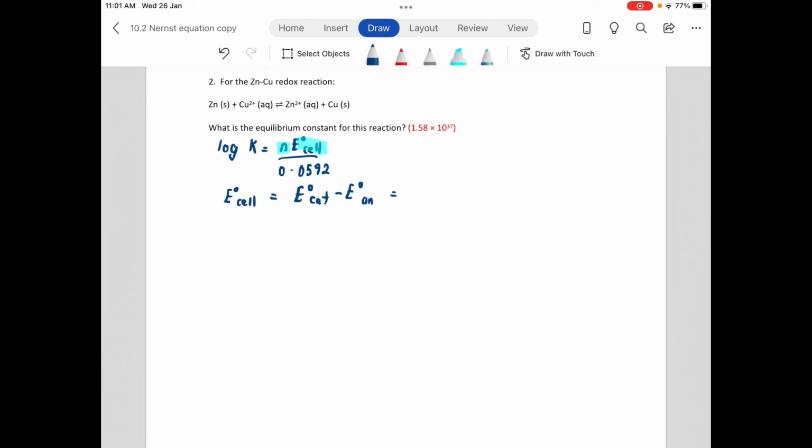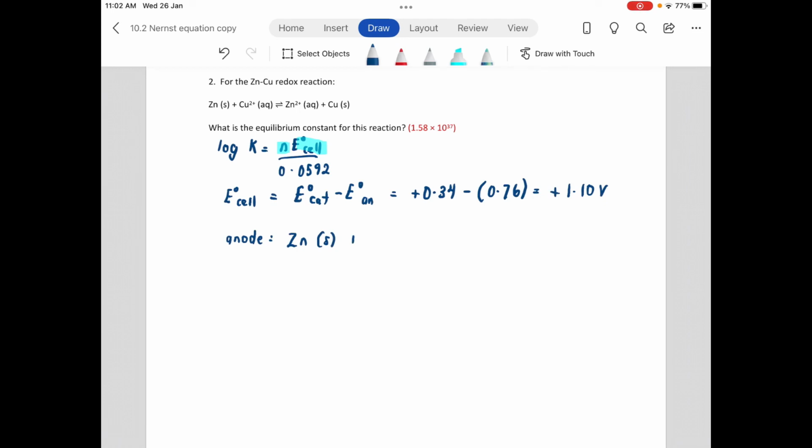So cathode tadi yang duduk atas ialah copper, positive 0.34. Yang duduk kat bawah tadi zinc is negative 0.76. So kalau kita kira ni dia jadi positive 1.10 volt. Okay, and then as for number of mole of electron, as usual we need to write the half cell equation for both anode and cathode, and then write the overall equation lah.